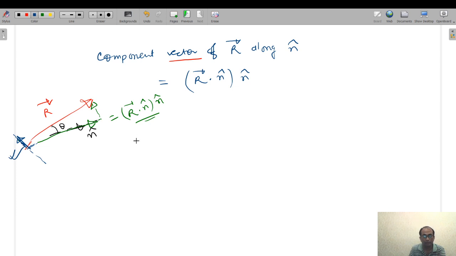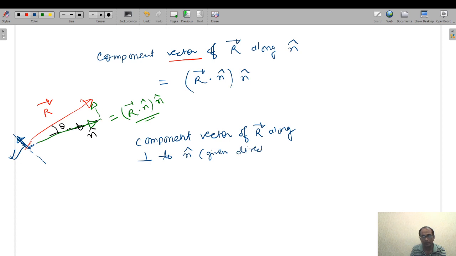So the component vector of vector r along perpendicular to the given direction, some given direction.